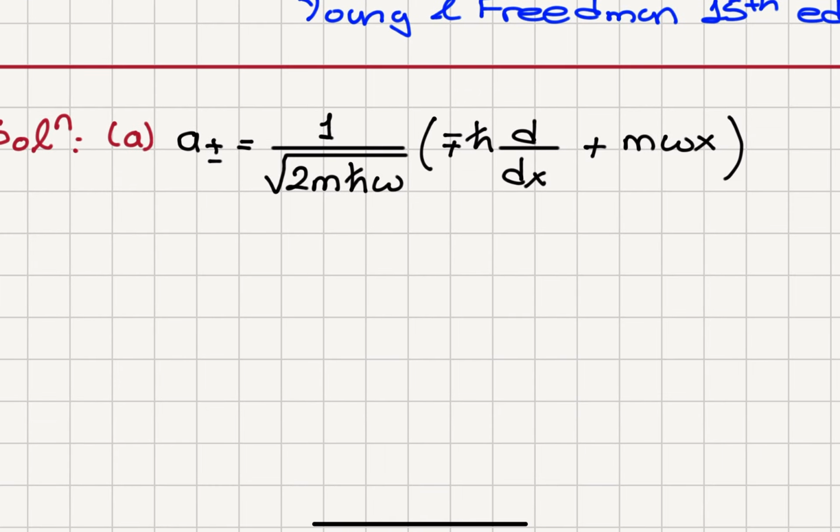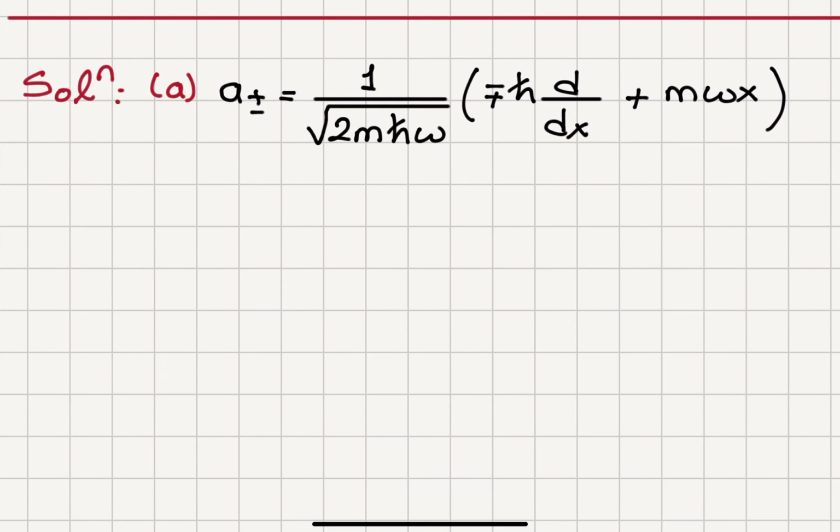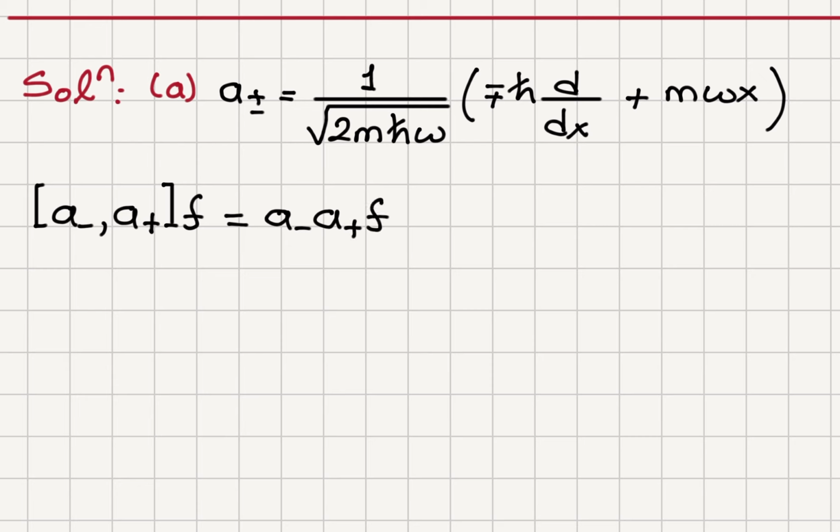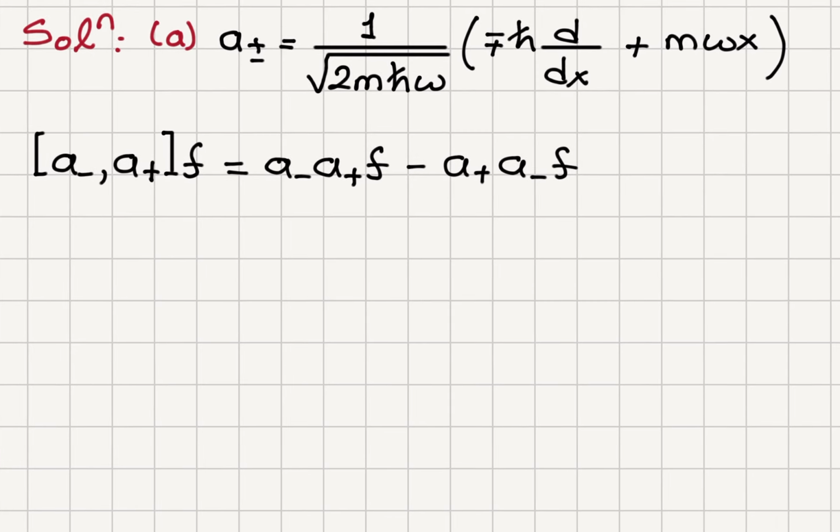Now the commutator a minus, a plus, applied to a function f is by definition the a minus operator applied to the a plus operator applied to f, minus the a plus operator applied to the a minus operator applied to f. So we have to find these two terms.